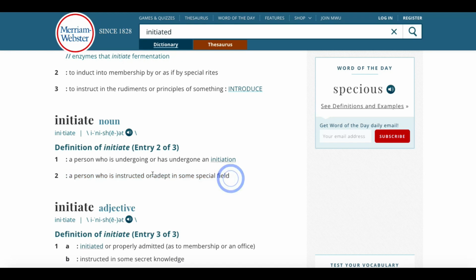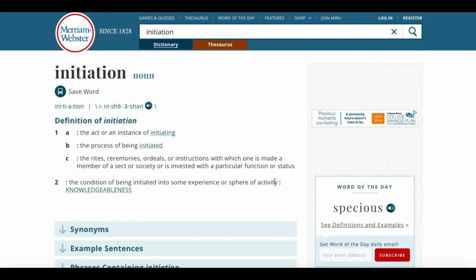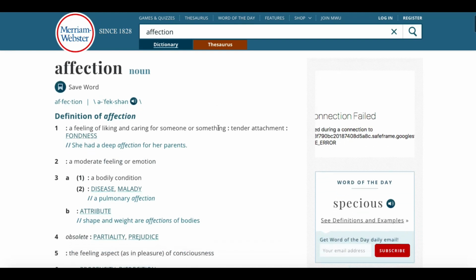Some materials have more instruction or are more adept at a certain field, a certain rite, or a certain organization within that magnetic field, sphere of activity. Affection as well. Magnetism is also an affection. It is a feeling of liking and caring for someone or something, tender attachment.